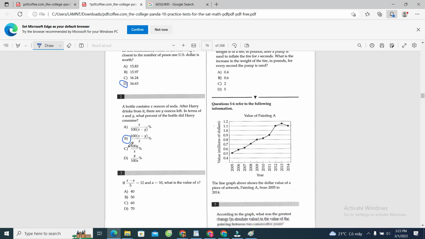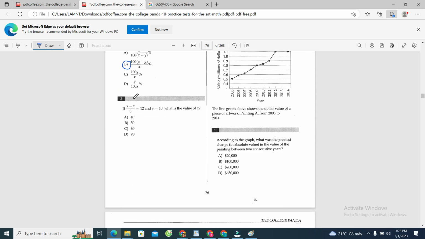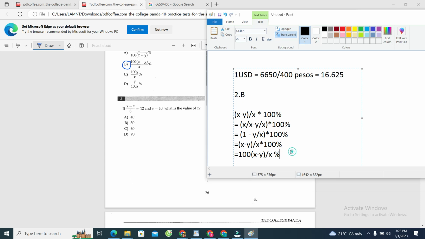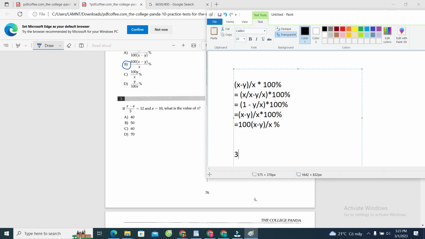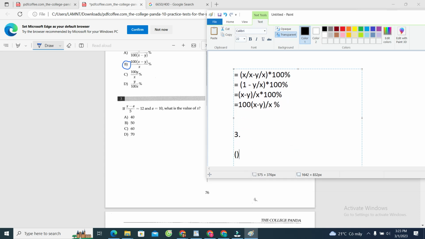So number 3. X minus A over 5 is 12 and A is 10. So we're gonna ask for the value of X. So let's calculate number 3. We know that X minus A over 5 is equal to 12. Okay, so we know that A is equal to 10.